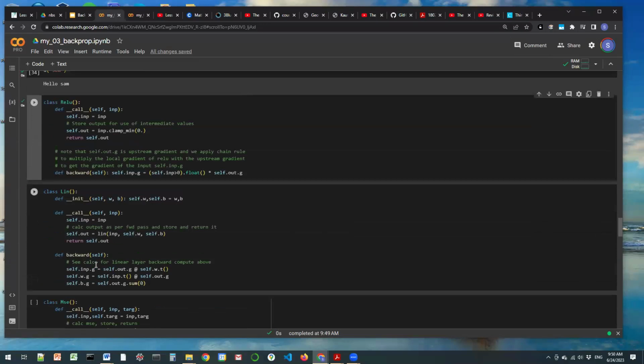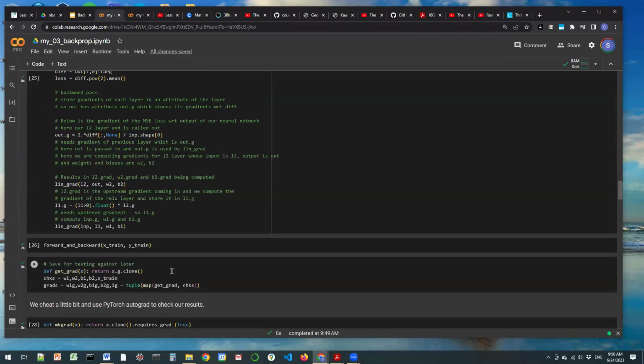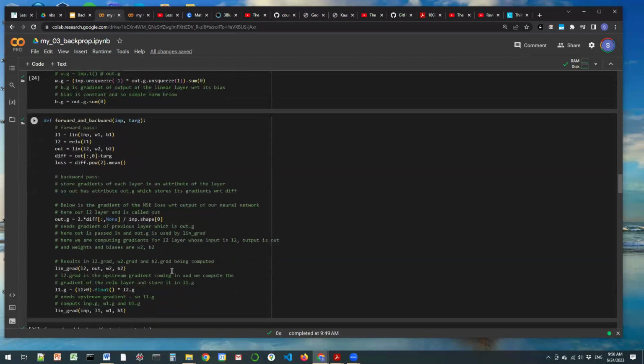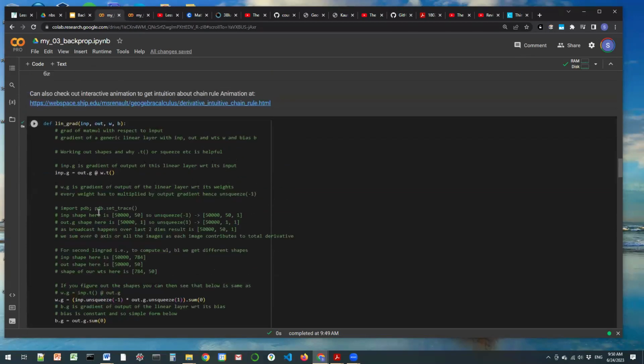So you can go up here and check that that's essentially what we have used. Let's say, actually this is an easy one to compare: self.input.g is self.out.g matrix multiplied by self.w.transpose, right? And you compare that to this, you can see other than the self., it's exactly the same.